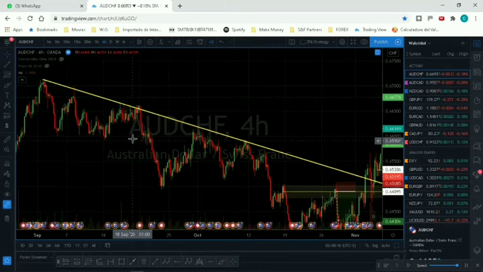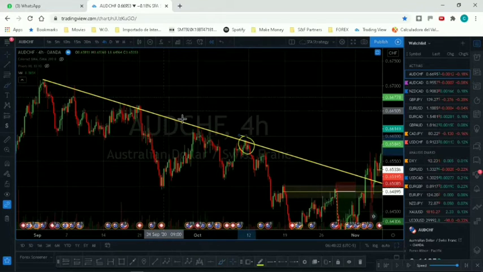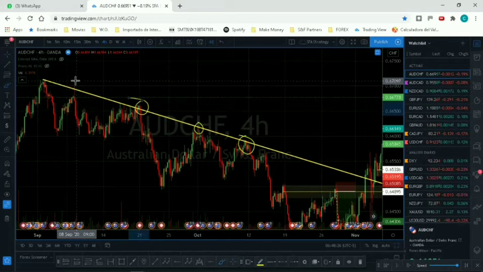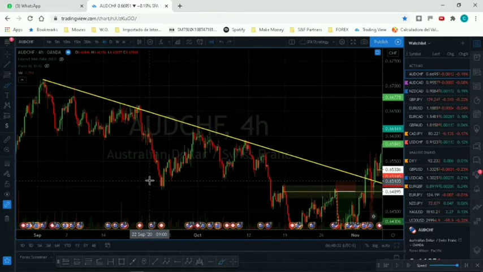Now, hey, but what about these points precisely where we had some really nice trades? Well, the explanation would be, of course, order blocks, right?